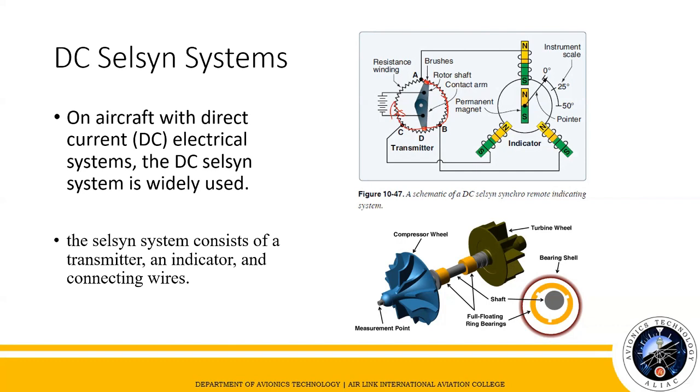So, katulad nitong nakikita nyo sa lower image, yan, ito yung rotor shaft niyan, for example. And then, yung mga brushes, ito yung heading example sa brushes. So, itong dulo ng brushes, nagro-rotate yan dun sa resistance winding.